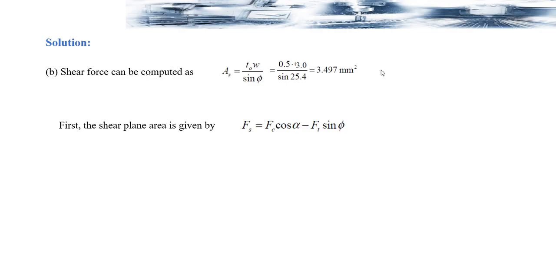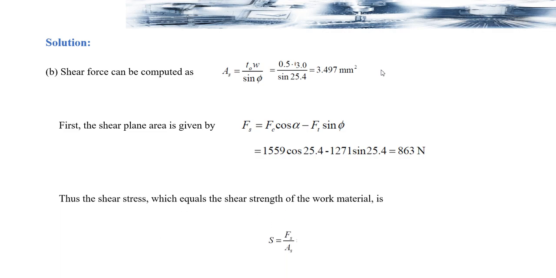We have these two values measured already, the Fc and the Ft, and we know the alpha and the phi, so we can simply put that in the equation and we get that the shear force is equal to 863 Newton. Now we know the area and the force, just divide them, and we find the shear strength value to be equal to 247 Newton per millimeter squared, or 247 megapascal. That's it, we found the value for the shear strength.